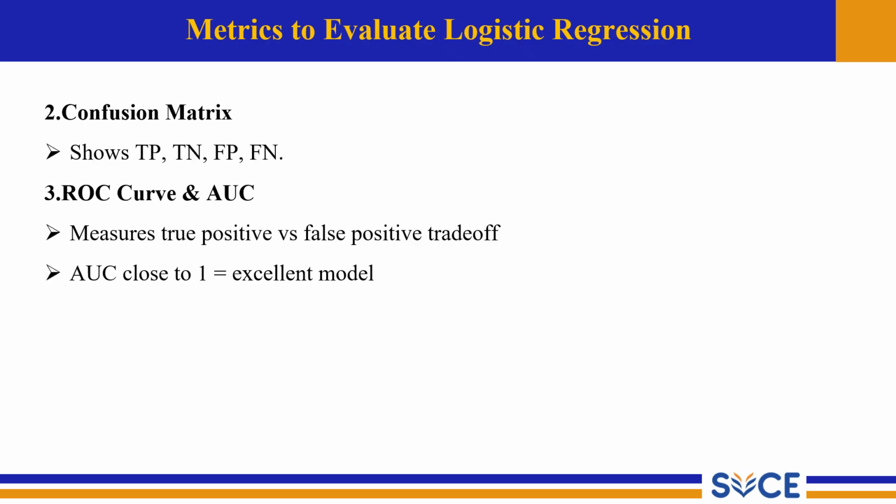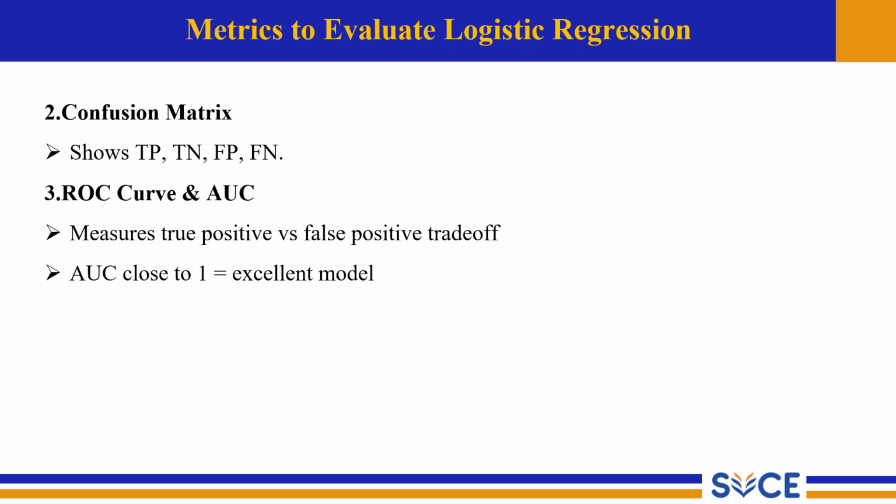So next in evaluating logistic regression is the confusion matrix, ROC curve and AUC. The confusion matrix is the most important evaluation tool for logistic regression. It gives a complete picture of how the model performed. It shows the four key outcomes: true positive, true negative, false positive, false negative.